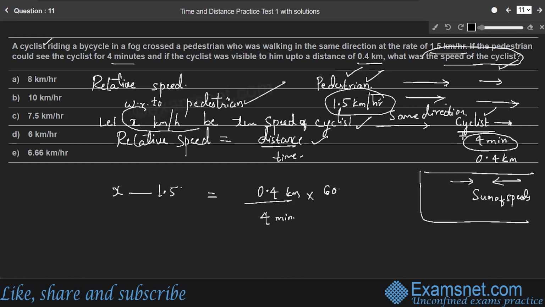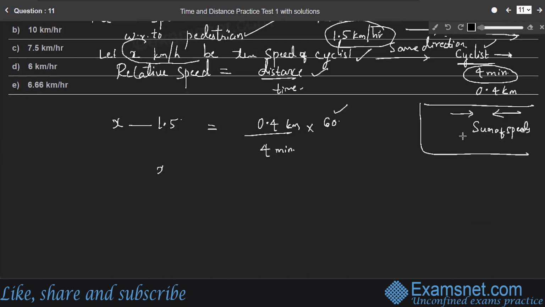So this 60 goes to the numerator here. On simplification, you will get x minus 1.5 is equal to 0.1 into 60. The unit we'll consider later. We need the value of x.